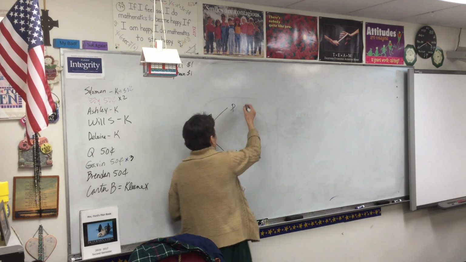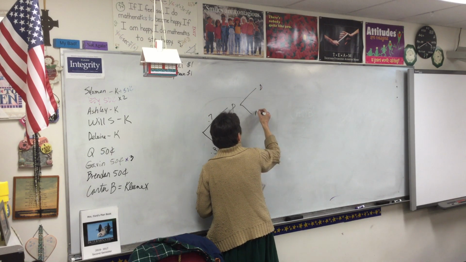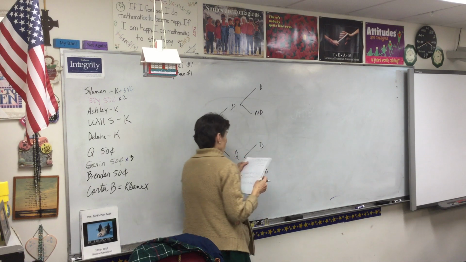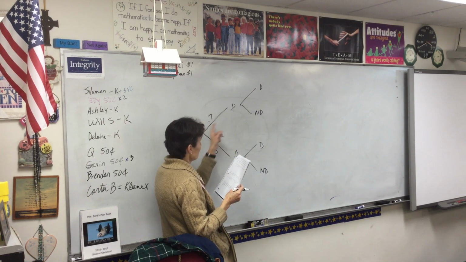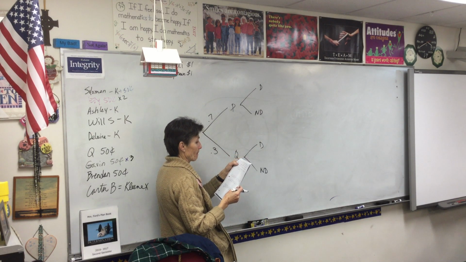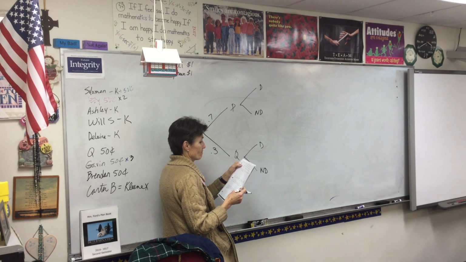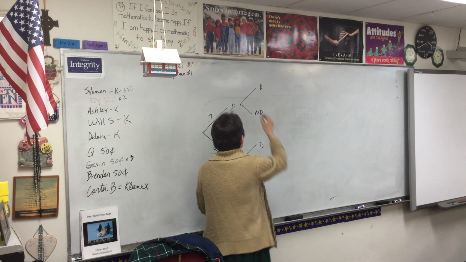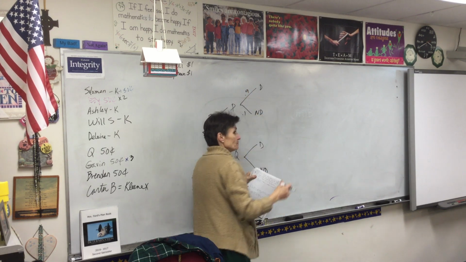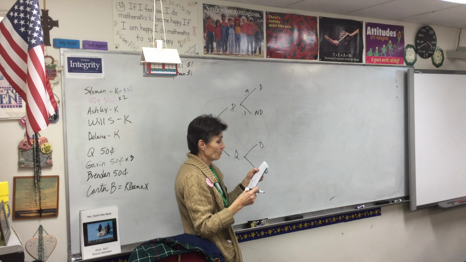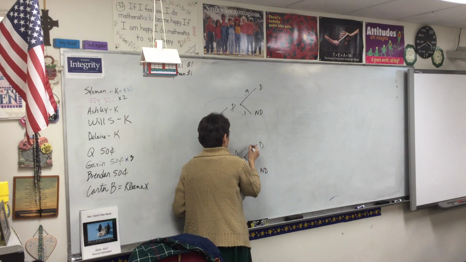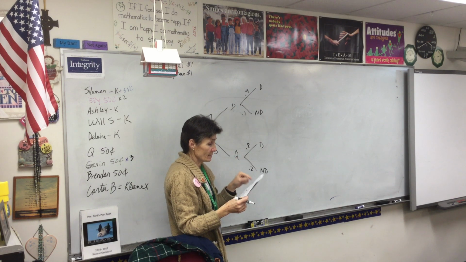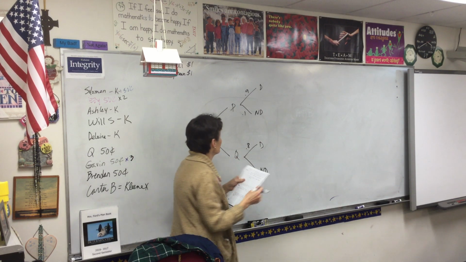Then we're delicious or not delicious. What's the probability we're delicious if we come from P? 0.9 and 0.1. And from Q? 0.8 and 0.2. So in A, we find the probability that we're delicious.